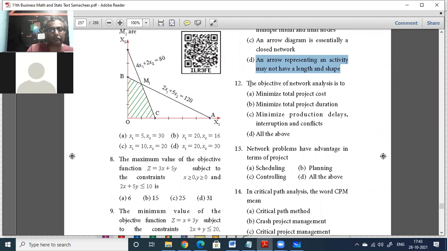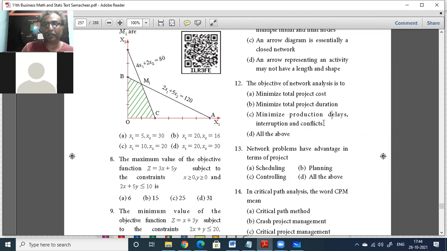Let us go to 12th sum. The object of network analysis is to minimize total project cost. No, cost will not come in network analysis. Only duration will come. Minimize total project duration is correct. Minimize production delays, interruptions, and conflicts cannot be done using a network diagram.